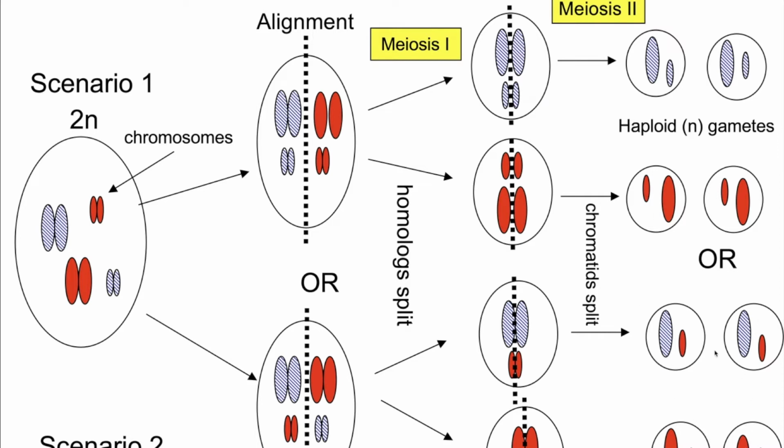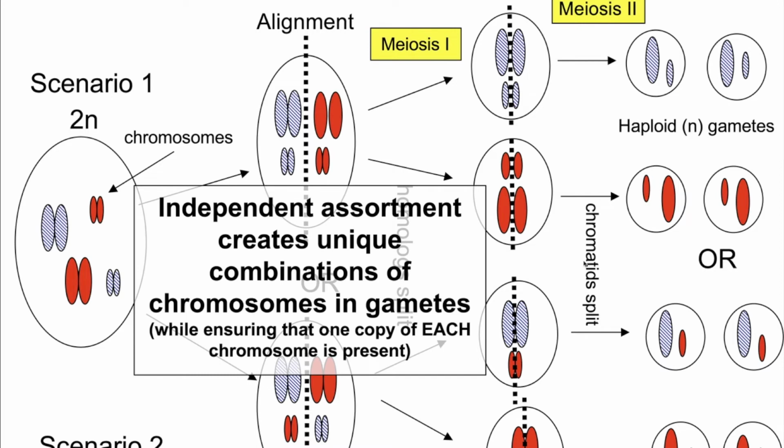This is the idea of independent assortment, where these chromosomes assort independently of one another. That can result in different alignments and ultimately different combinations of alleles in the gametes.